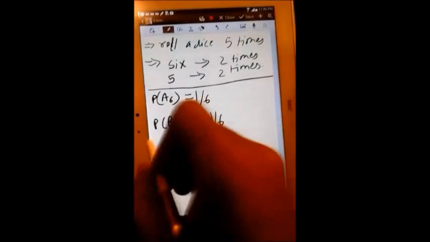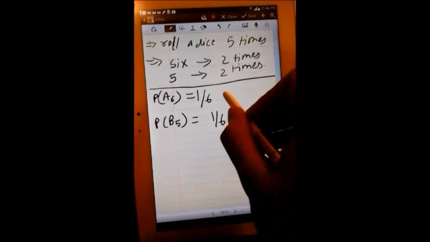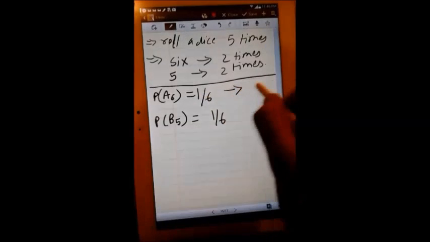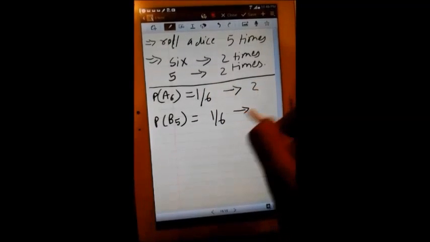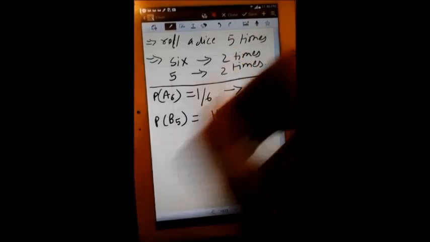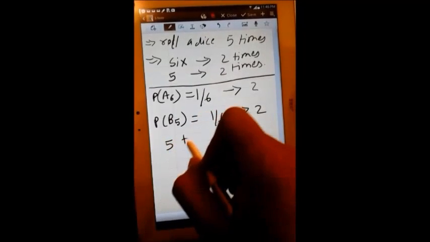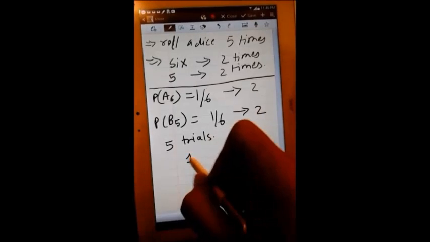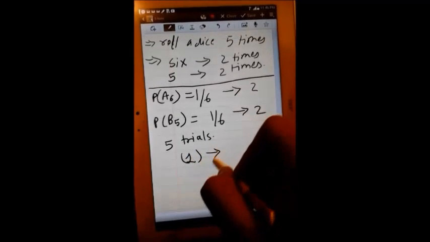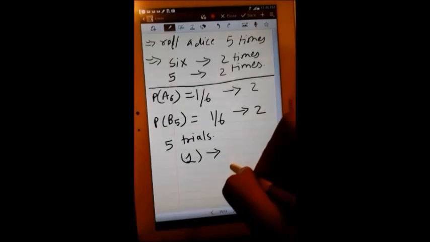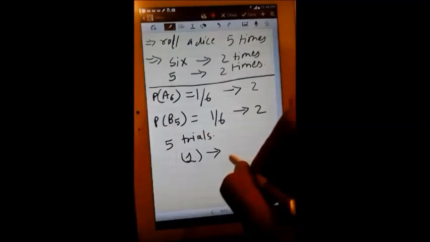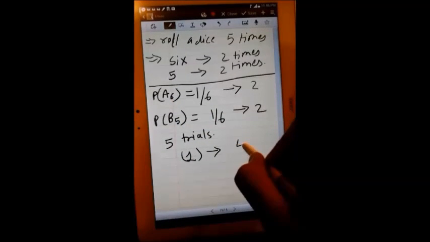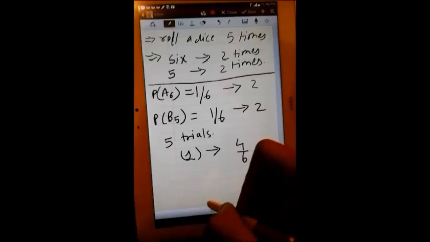Now, this event of occurrence of 6 occurs 2 times. We have a total of 5 trials. Therefore, in the other 1 trial, the other events will occur, other than A and B, which has probability 4 by 6.